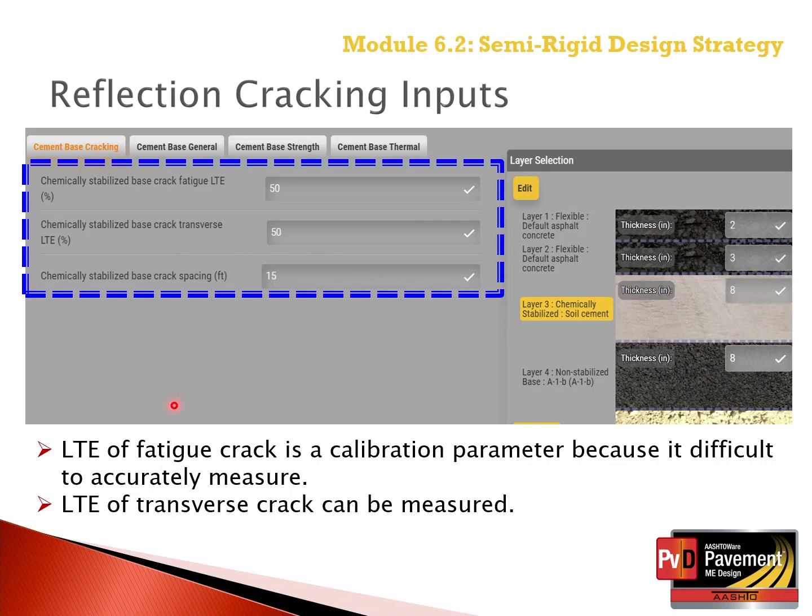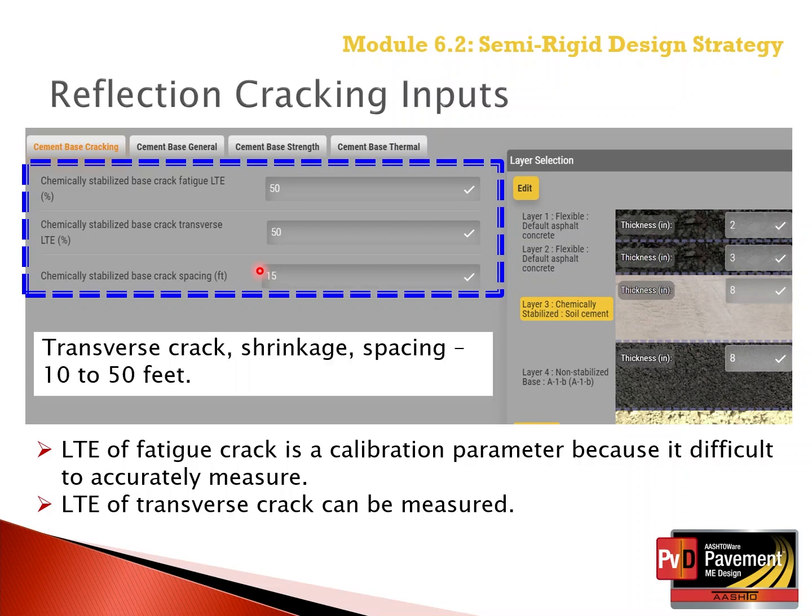The spacing of the shrinkage cracks is basically not determined by the software, but needs to be entered by the user. And that spacing needs to be determined external to the software itself. And we'll come back to that point a little later in the presentation.